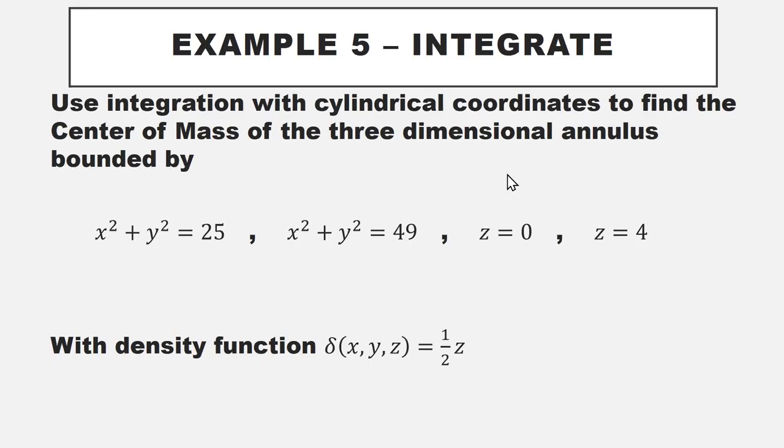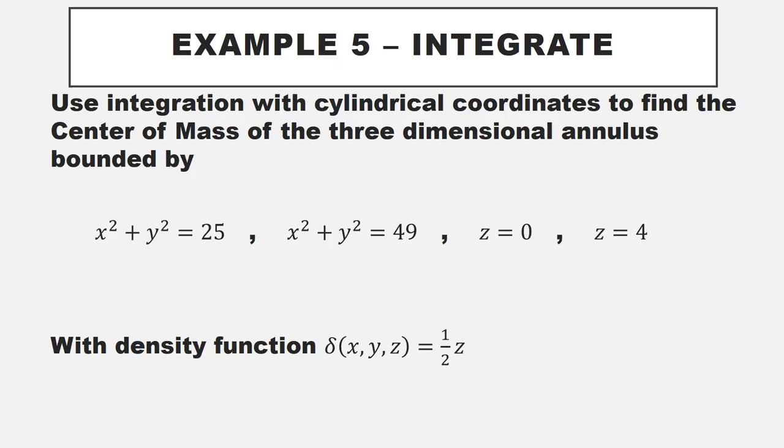Let's do another example here. Let's use integration with cylindrical coordinates to find the center of mass of a three-dimensional annulus bounded by x squared plus y squared equals 25, x squared plus y squared equals 49, z equals 0, and z equals 4.